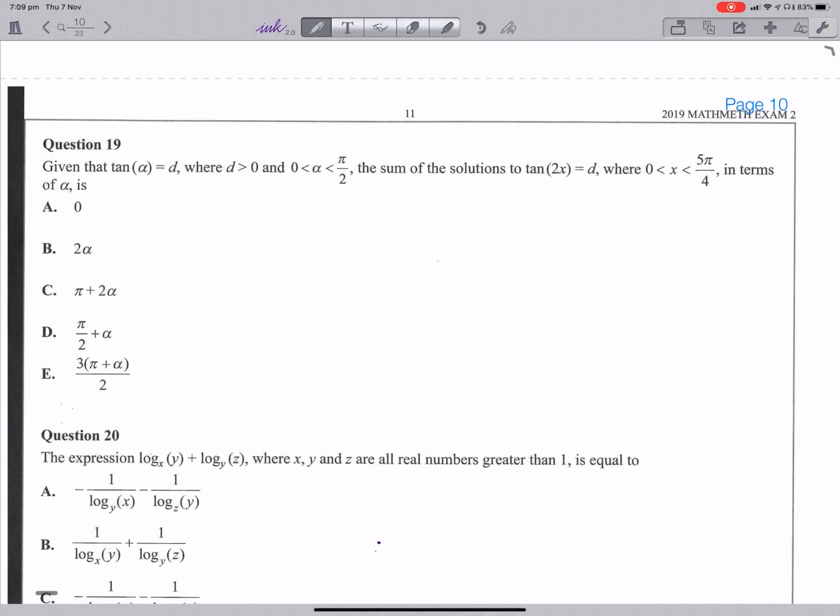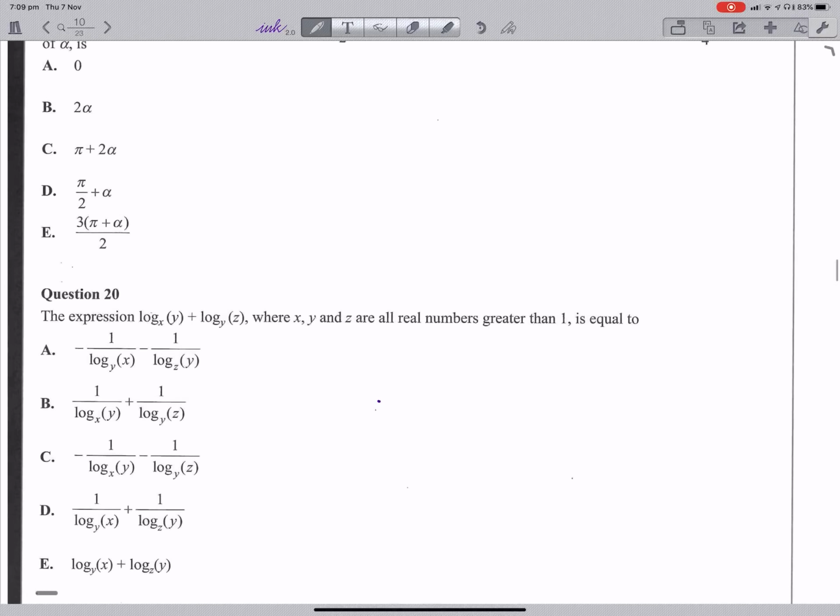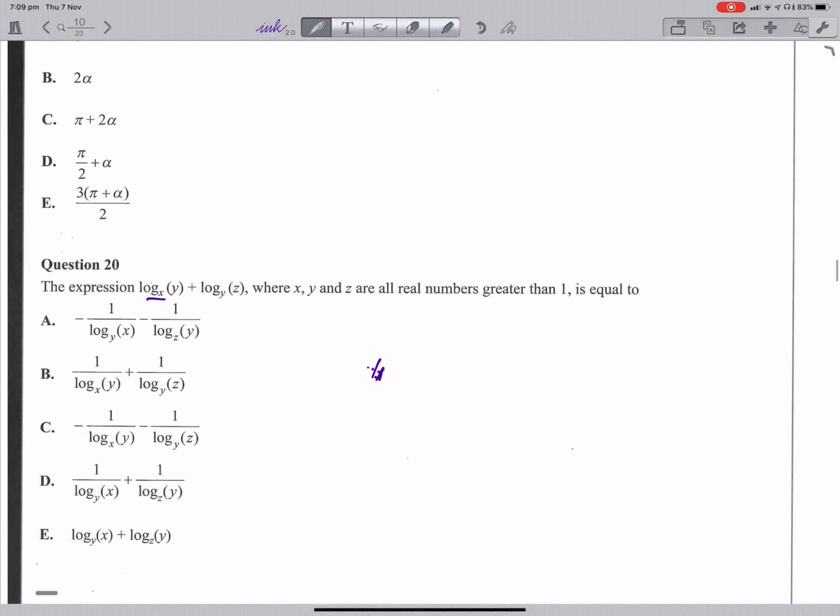Okay, given that tan alpha equals d and d is greater than 0 and alpha is between 0 and 90, the sum of the solutions of tan 2x equals d, where d in terms of a is... This last one looks nice, so I'm just going to quickly do this first. I taught my class the change of base rule.